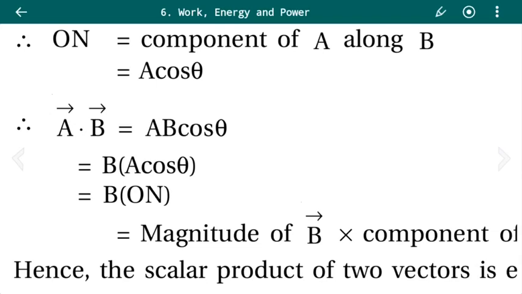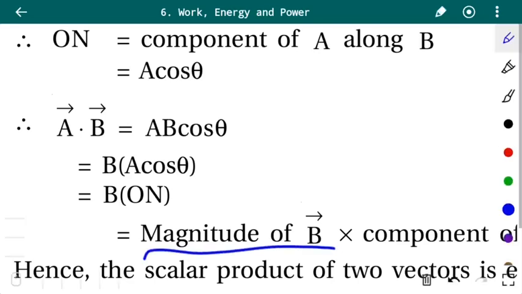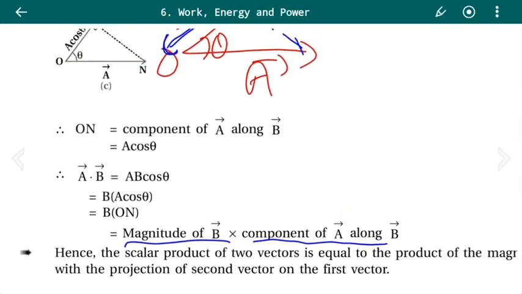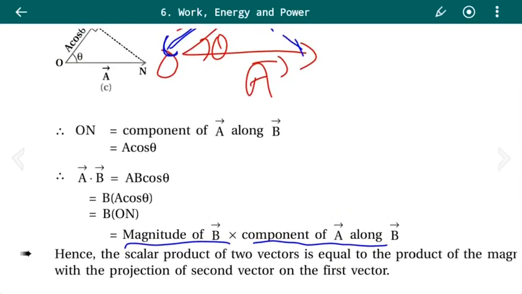We can write it by splitting it as B into A cos theta, and A cos theta is ON, so we can write B into ON. Here B is the magnitude of vector B, and ON is the component of A along B.